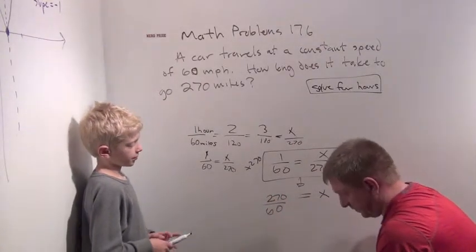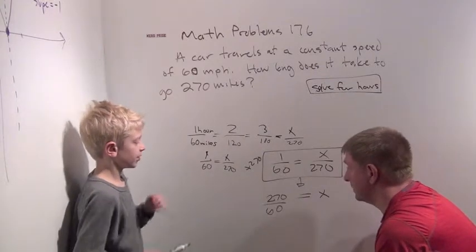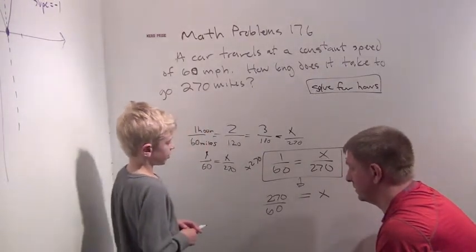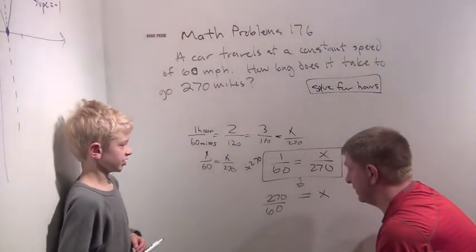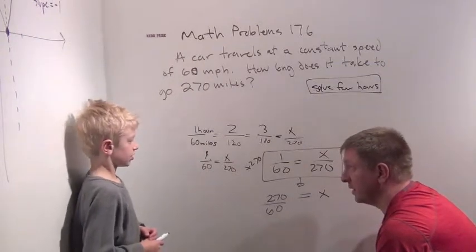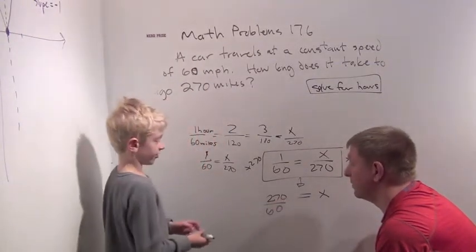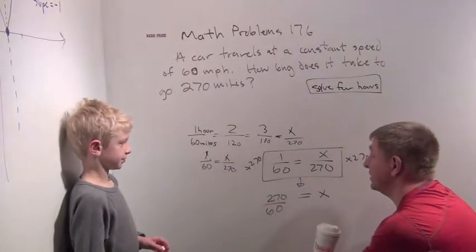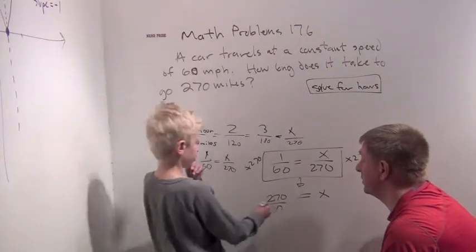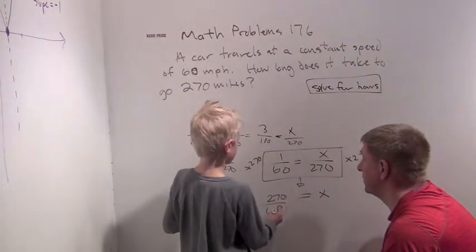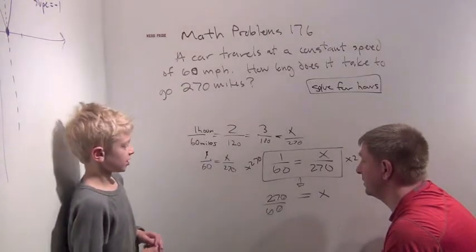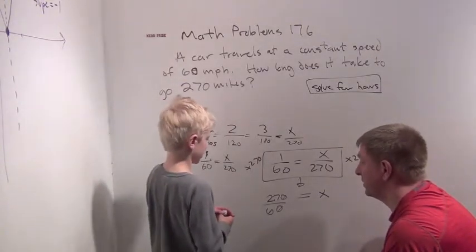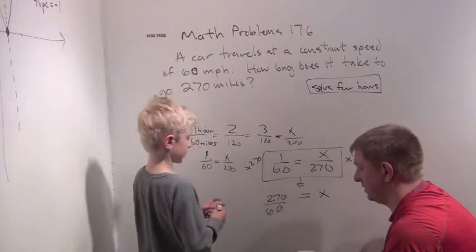Now, how do I divide 270 by 60? Well, you could set up long division, or you could simplify it first. Definitely. So you can take a 10 out of each. 27 over 6, and I think 27 is prime.